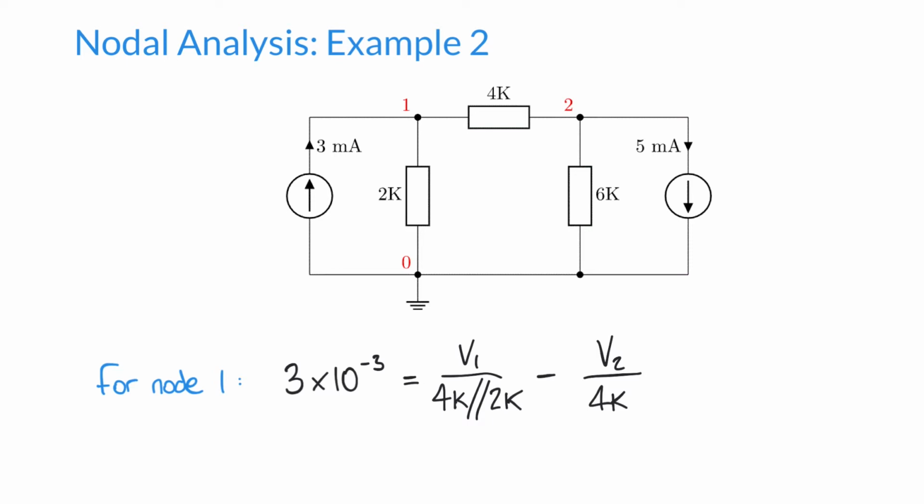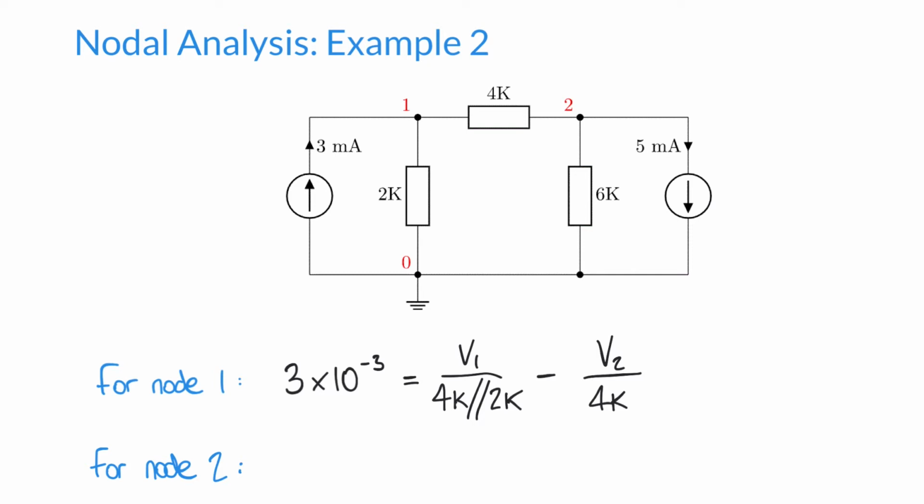For our second equation, we're at node 2 now. We have a current directly connected to this particular node here. We have this 5 milliamps. Again, we're expressing these equations in the form of I equals V over R. And so we're having our current on the left-hand side first of all.